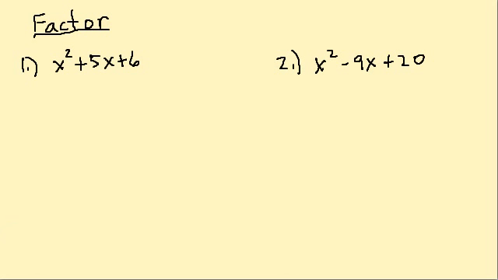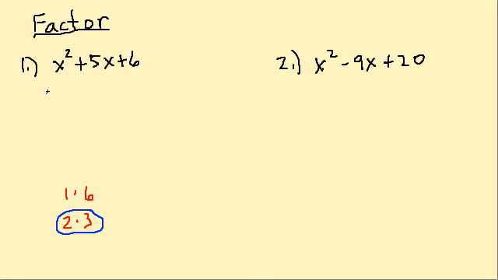I've got 1 times 6 and 2 times 3. These numbers will multiply to give me 6. Which two will add to give me positive 5? Well, 1 plus 6 is 7, but 2 plus 3 is 5. So I'm going to use the 2 and the 3.